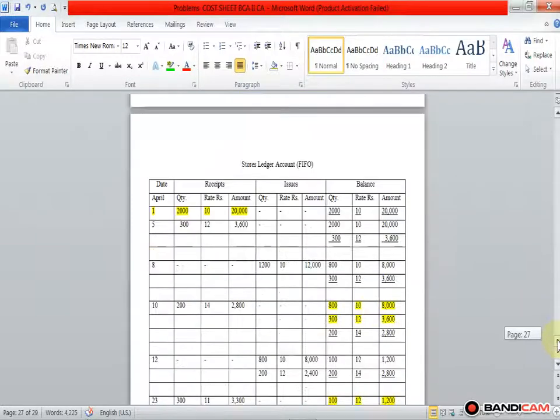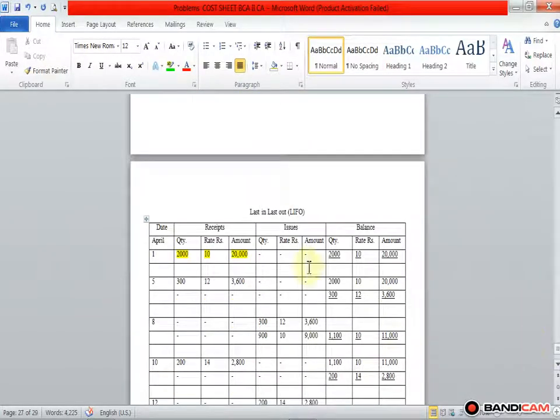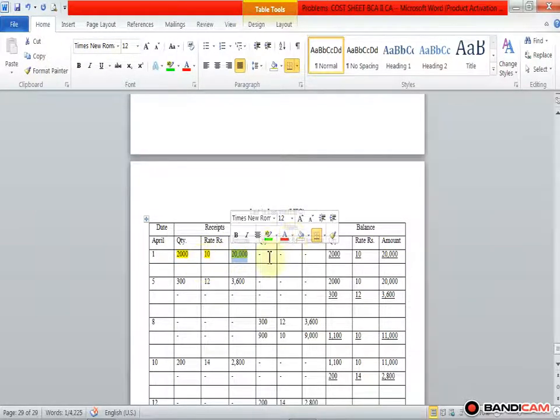So we write it here in the receipt column: on 1st April we received 2000 quantity at rupees 10 each, amounting to rupees 20,000. Issue column nil, and balance is the same. On 1st April the balance is 2000 quantity, rate rupees 10 per unit, amounting to rupees 20,000.